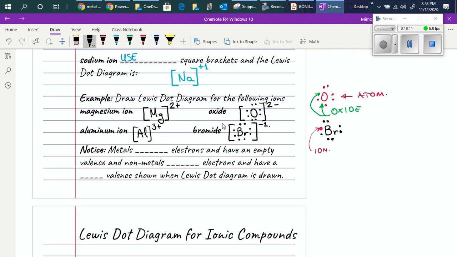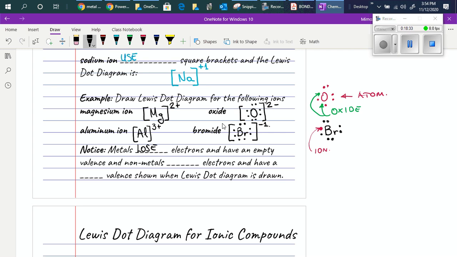Notice that metals lose electrons, and they have an empty valence shell, and this is why we do not draw any dots in the Lewis dot diagram here, to show that the valence is emptied.